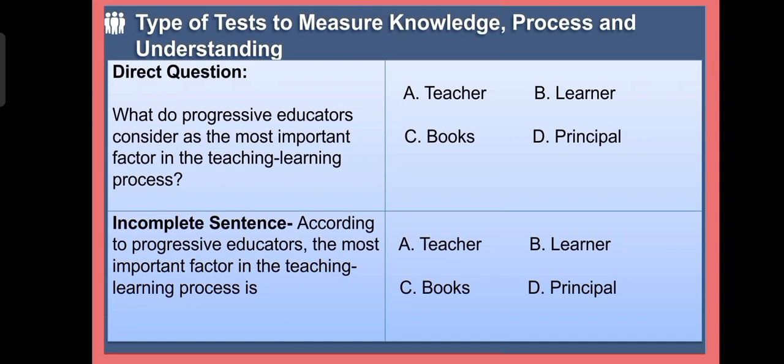To answer this question correctly, we need to understand what progressive educators believe about teaching and learning. According to them, the most important factor in this process is not any one person or thing like a teacher or book, but rather an approach that focuses on student-centered learning. This means learners take an active role in their own education by engaging with material based on their interests and needs.